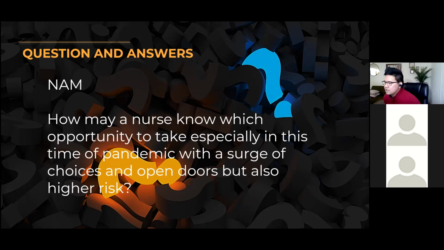For me, there's no right opportunity or wrong opportunity. One might perceive an opportunity as good, while others might not. So your question, how may you know which opportunity to take?